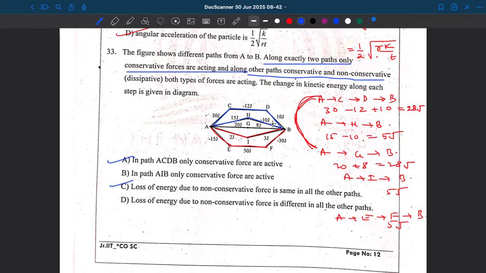So if I have selected blue, don't select red. If I have selected red, don't select blue. So A is okay for me. Loss of energy due to non-conservative forces is small in all other paths. Longest path, non-conservative, is a maximum loss. Where is the longest path?